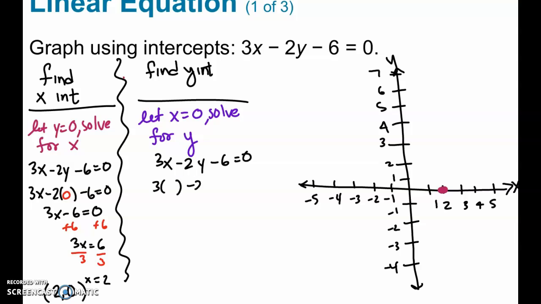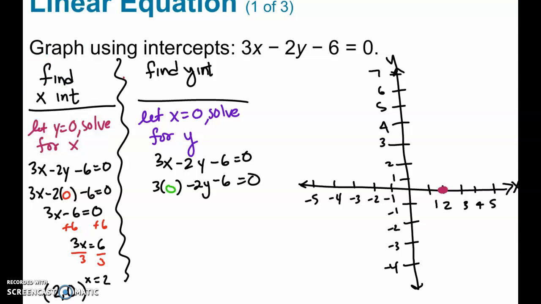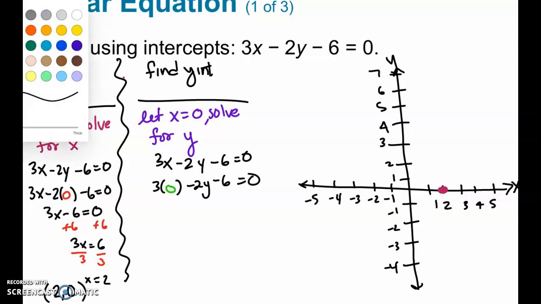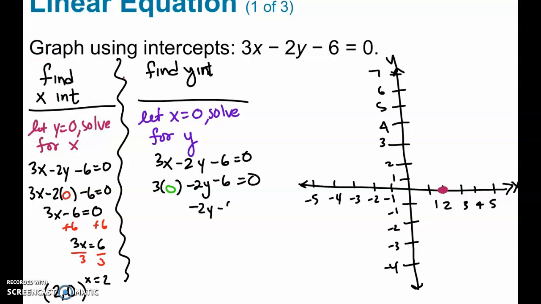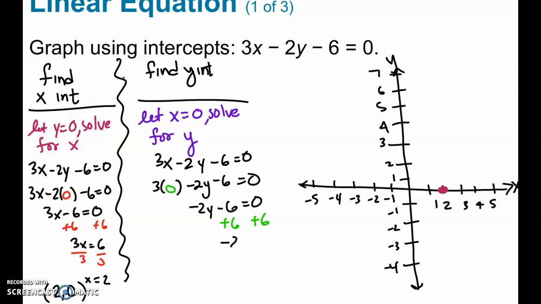And in place of x, I'm going to plug in 0. And I'm going to end up with, well, 3 times 0 is 0. So I'm left with this. And then I need to solve for y. So let's add 6 to both sides, because the goal is to get y by itself. I get negative 2y is equal to 6.